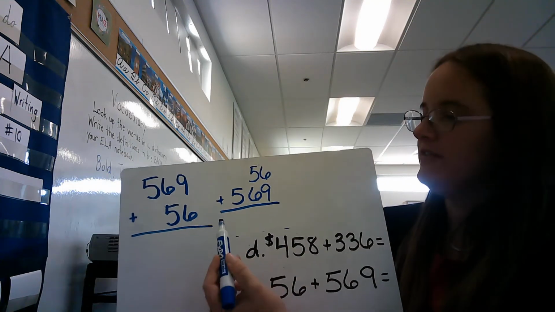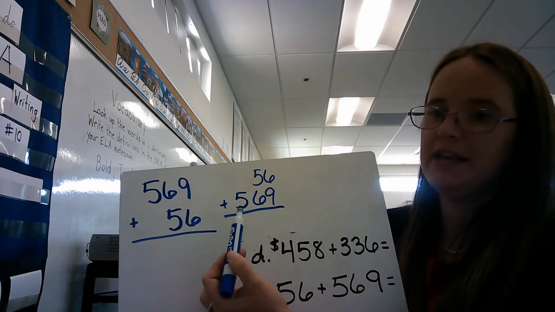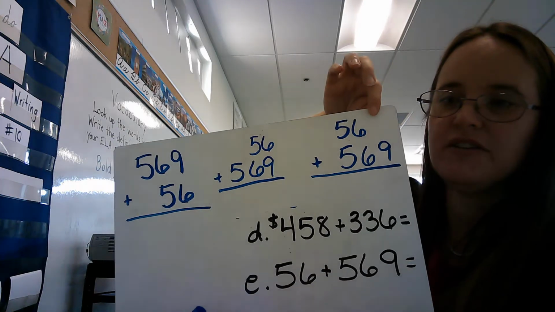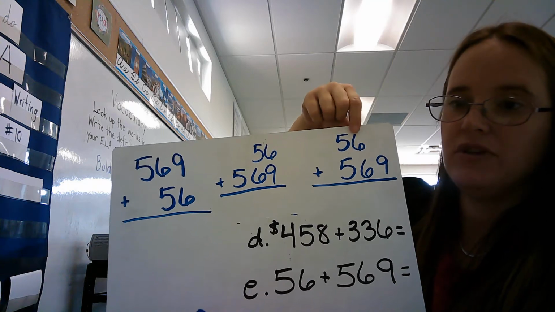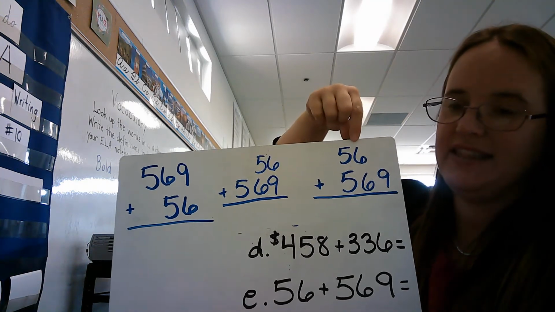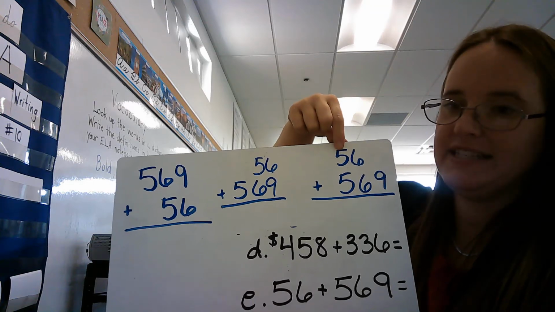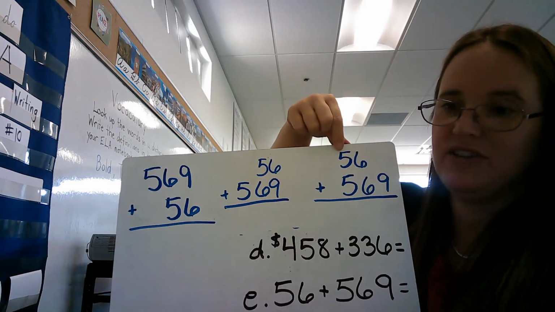So this is how I would write it. You can put the 56 on top, but then you have to remember to give yourself space for that hundreds place, because sometimes what I see is people will write 56 on top, and then they'll add 569 like this third choice here, and that's not going to get you the right answer, because you have your ones place here above the tens place in the second number, and you have your tens place here above the hundreds place in your second number.